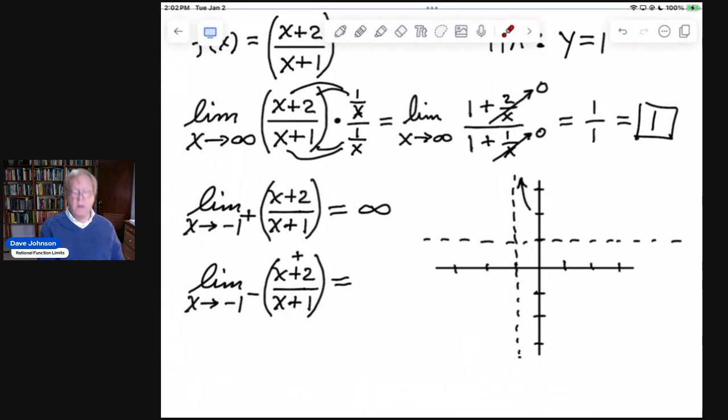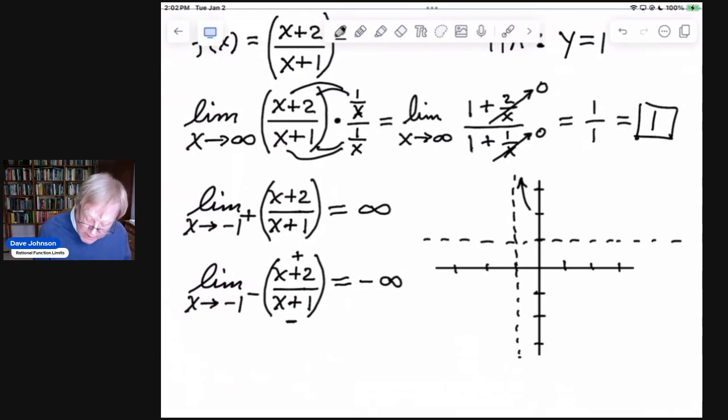And so that is going to end up being negative. And so your denominator is going to be negative because you're approaching -1 from the left. And so positive divided by negative is negative, but you know that the result has to be either a positive infinity or a negative infinity, but we've shown that it's negative, so this result is negative infinity.